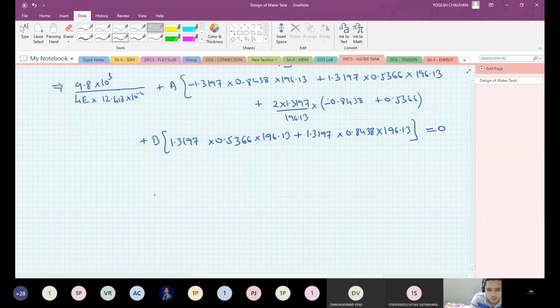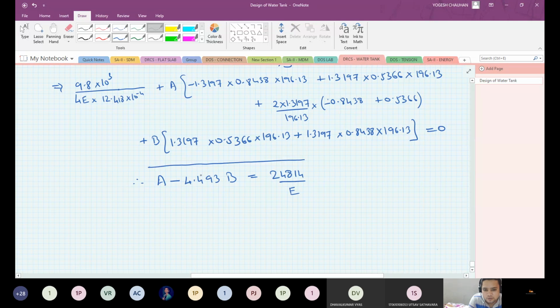So this will give you another expression in terms of a and b. So it will be a minus 4.493 b is equals to 24814 divided by e. Okay, mark this as number 6.